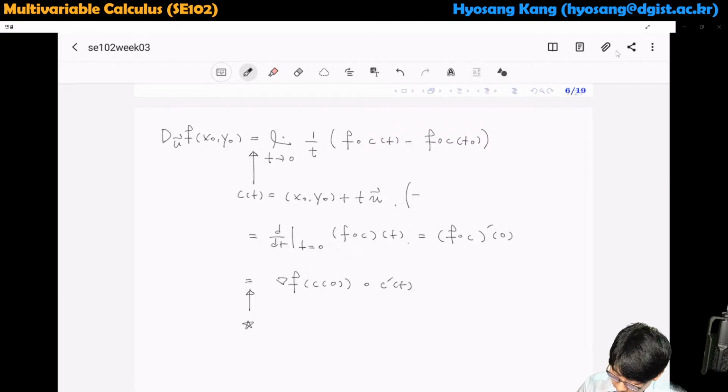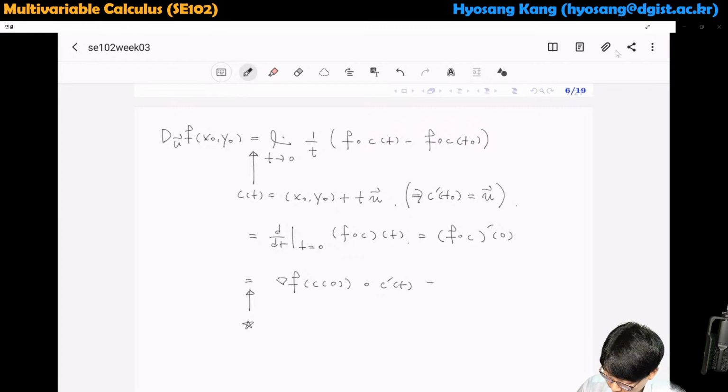So if you have this linear map as a parameterization, when you take c'(t0), there is only one t appearing in this formula, and that t has degree 1, so it's a linear map. So what we have left is always a constant vector u.